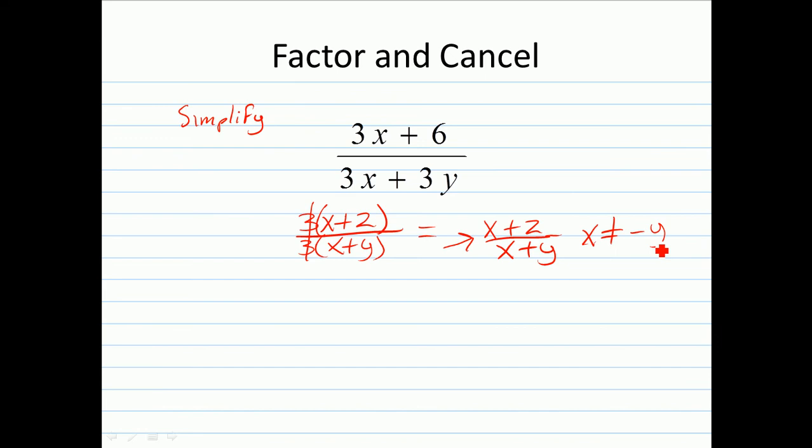If x equals negative y, we'll have negative y plus 2 over negative y plus y, which gives negative y plus 2 over 0. And you can't have a 0 in your denominator. So your restriction will be x cannot equal negative y.